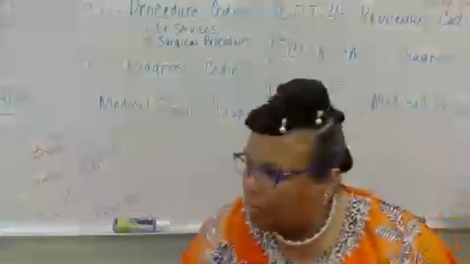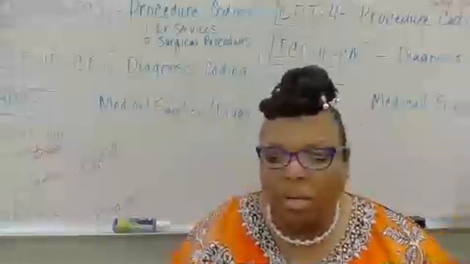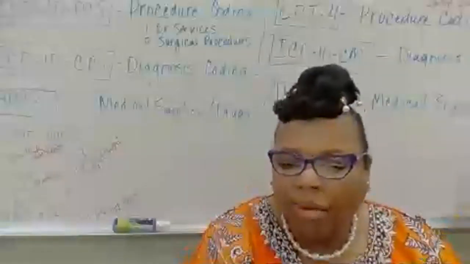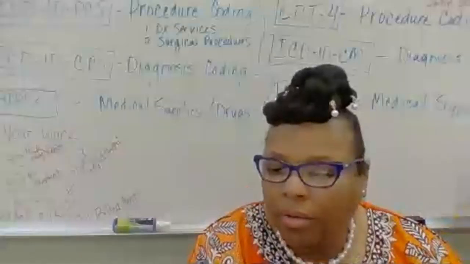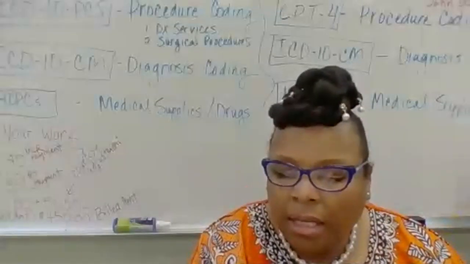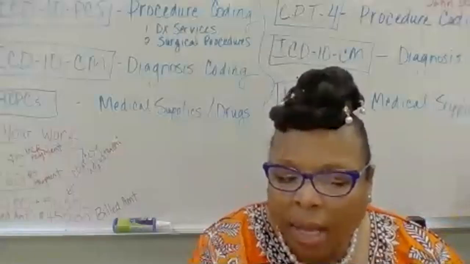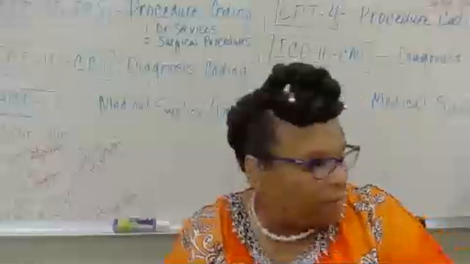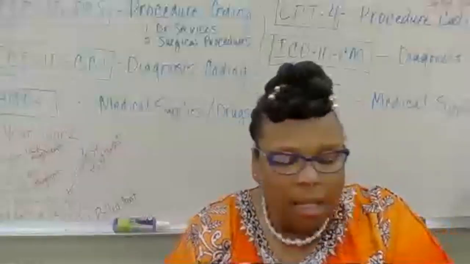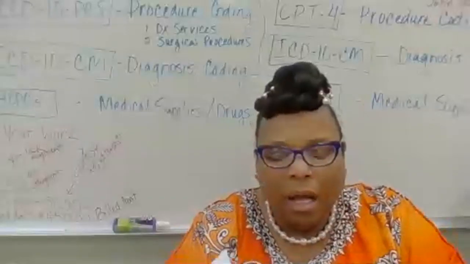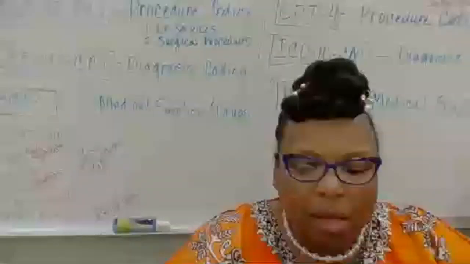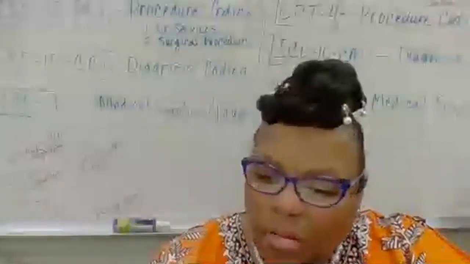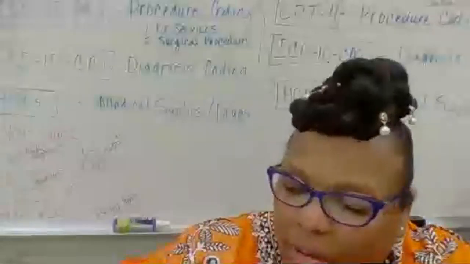So you're going to subtract one from the other, and that's going to give you 185.54. But the 79.52 is the disallowed amount that would have been paid, but it's not.